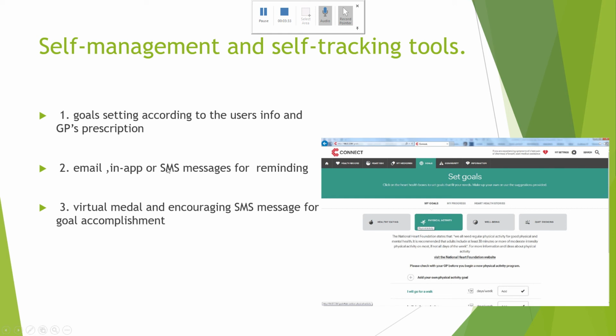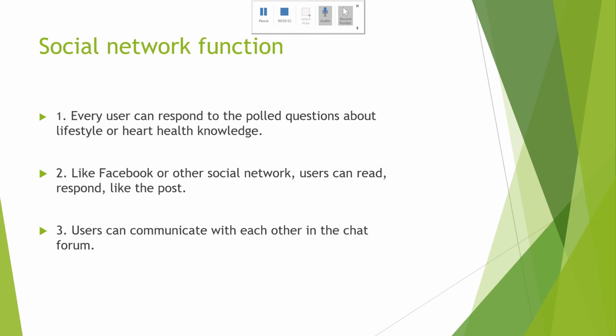Email in application or SMS messages are used to send the messages, and virtual medals and encouraging SMS messages are provided to encourage goal accomplishment by the user.